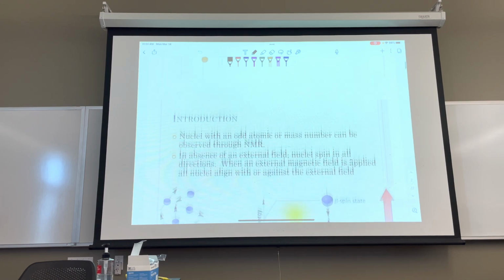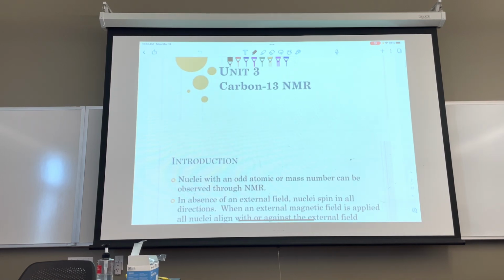And to be NMR active, if you remember, one of two things has to be satisfied. They must have spin, and the way nuclei acquire spin is they must have either an odd mass number or atomic number.